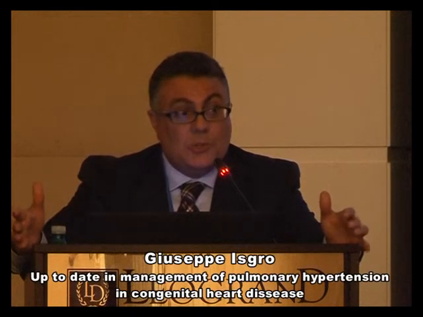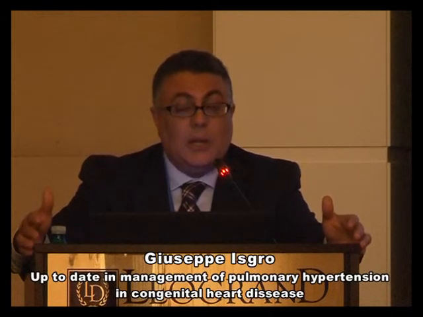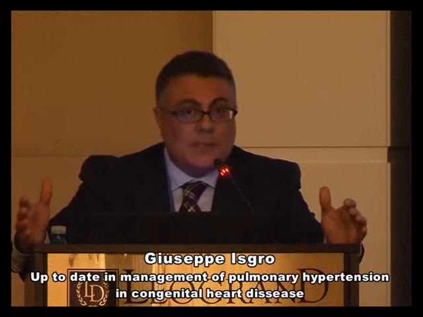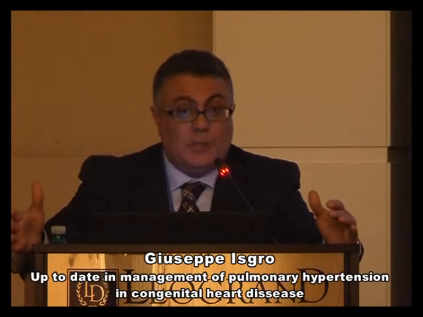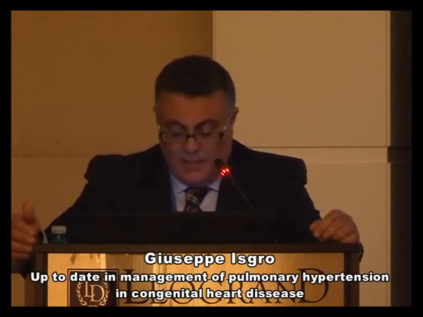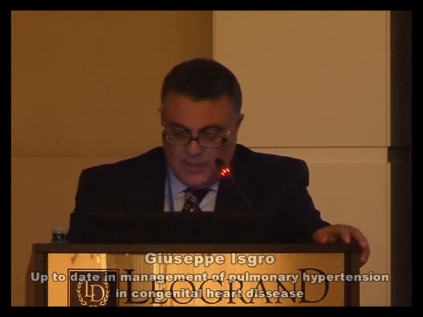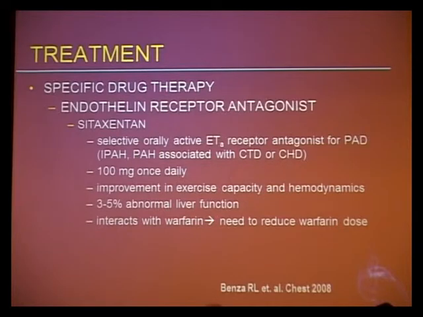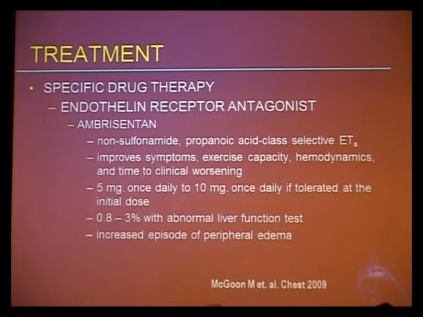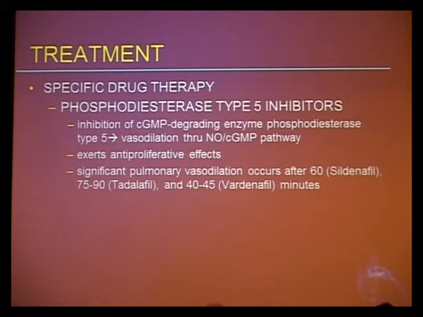Bosentan is used also in the pediatric population, but the use is off-label till now, just for study. But a lot of papers are coming using Bosentan. Sitaxentan and ambrisentan are the same, but the most used is Bosentan.